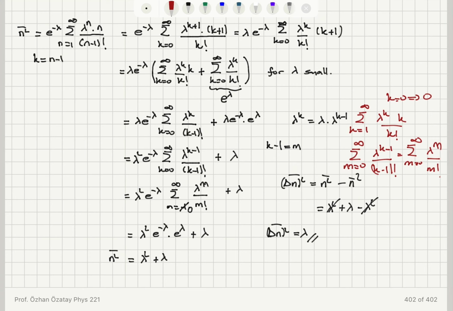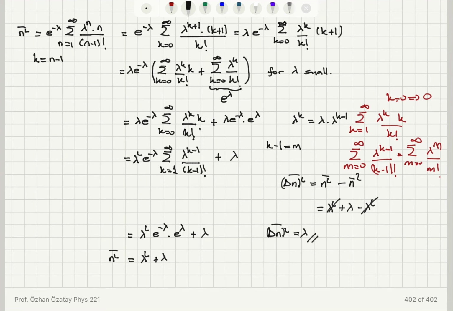So basically this part that I have gone through here from this point on is not quite right. So here what I should say instead is what I have done here. Instead of doing it this way, I need to say that this is going to start from k equals 1, because k equals 0 does not exist. So lambda to the k, because then I'm multiplying and dividing by k factorial times k.